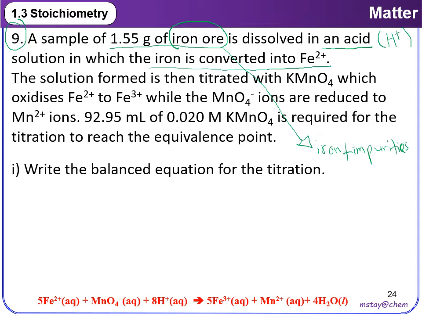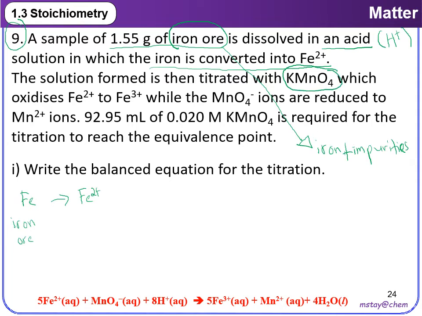So from Fe, when dissolved in acid, it will become Fe2+. Then the solution formed is titrated with KMnO4.